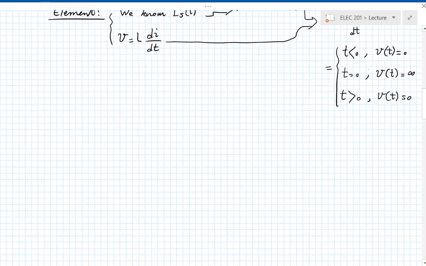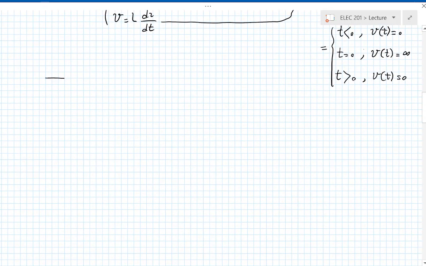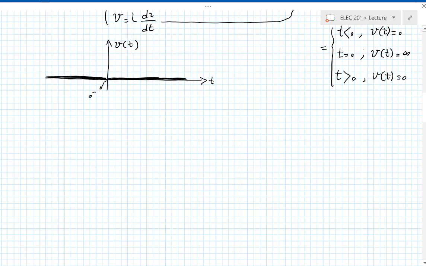If I were to plot v of t, it is 0 all the way to time 0 minus, and 0 all the way from time 0 plus on this side.